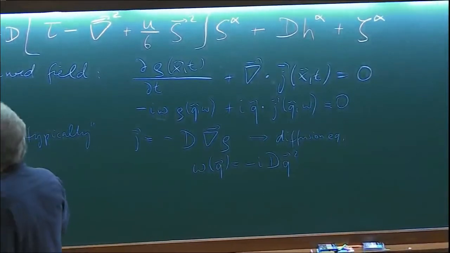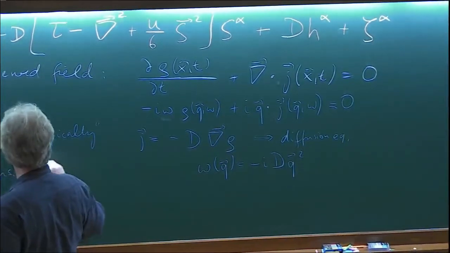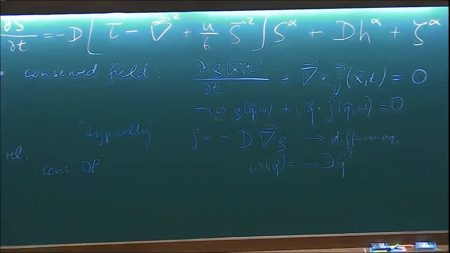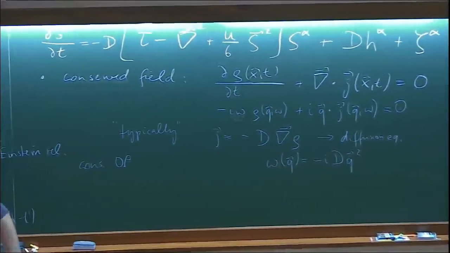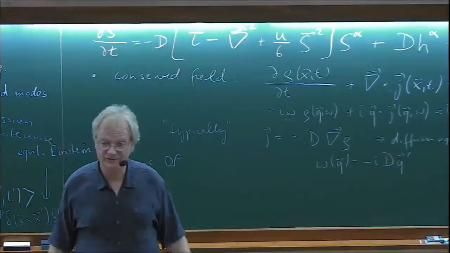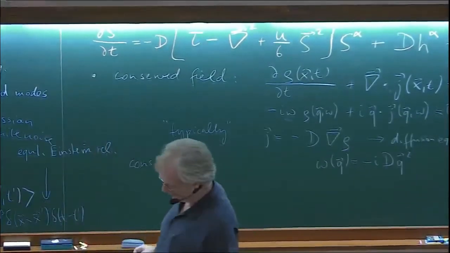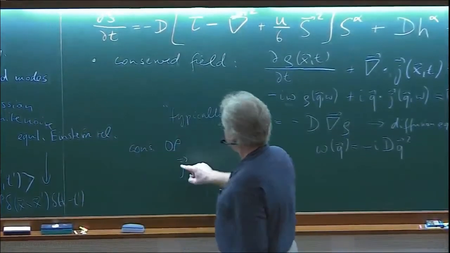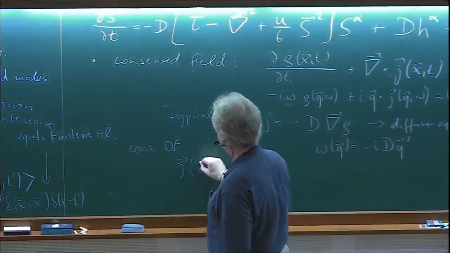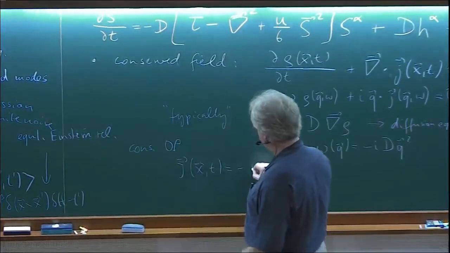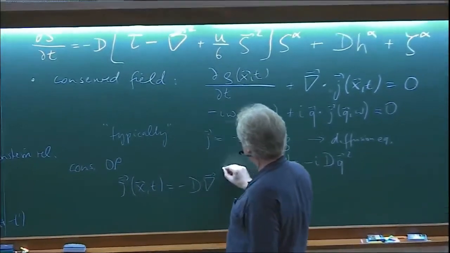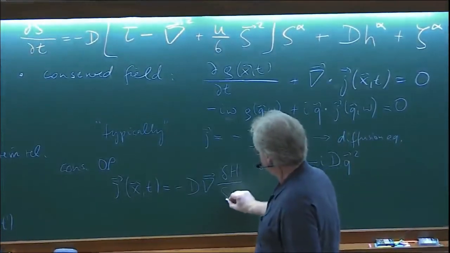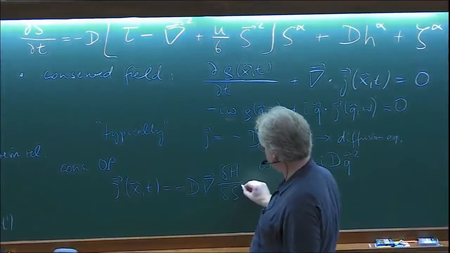So if I now have a conserved order parameter, I need to modify this equation because that can't be right. The best I can have is a diffusive relaxation because this thing needs to go to 0 as q squared. So instead you write down a current, we call this capital J, that itself would be the divergence, and that's the generalization of this linear version of just dH by dS alpha.